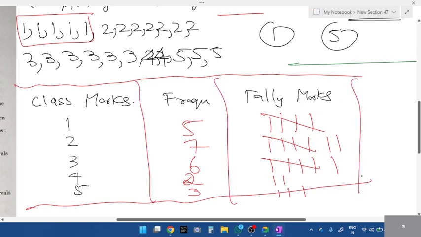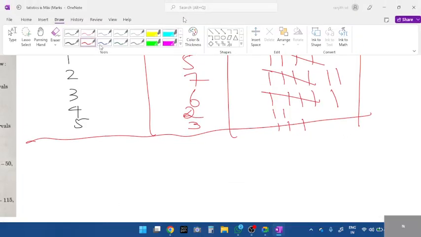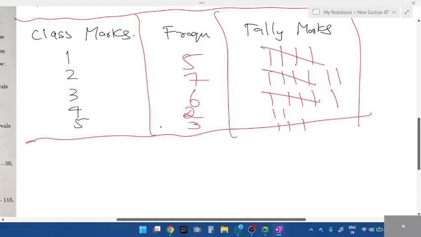Now even those data are not required. By looking at the table, you can answer. Total how many students? Total how many numbers are there? You have to count this frequency. 7 plus 5 is 12. 12 plus 6 is 18. 18 plus 2 is 20. 20 plus 3 is 23.